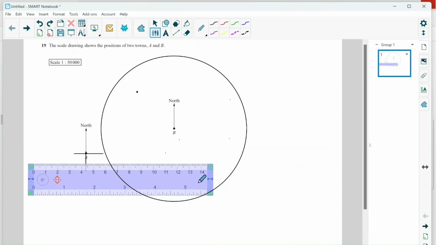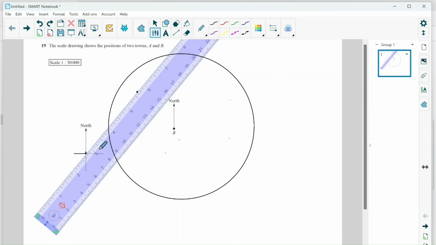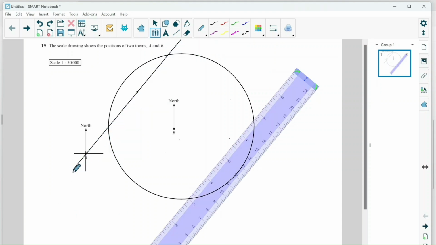Then you take your ruler. Let's make it longer. At point A, we draw a line through the 40 degrees point made with our protractor across the circle. Now that we have this, we've drawn a line from point A past the 40 degrees mark on our protractor across the circle.